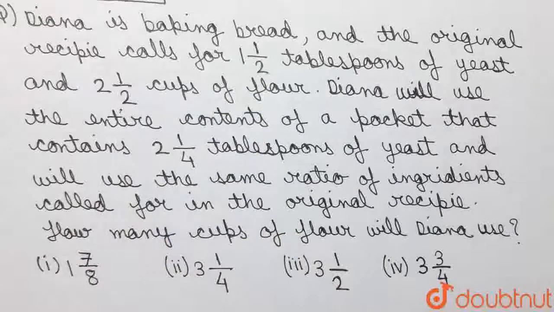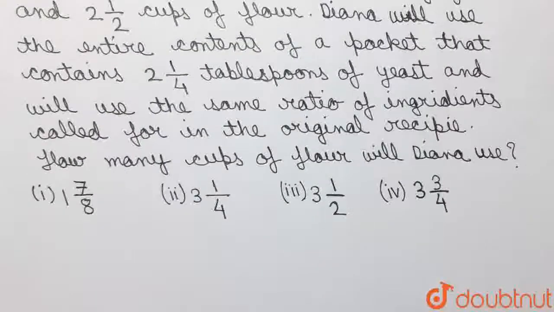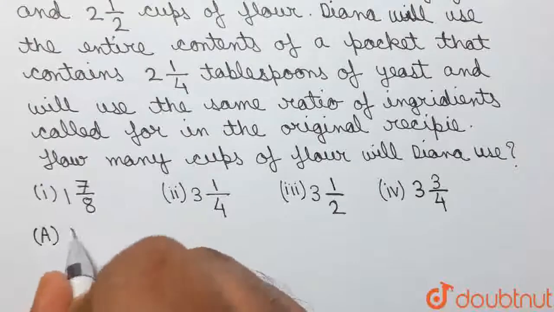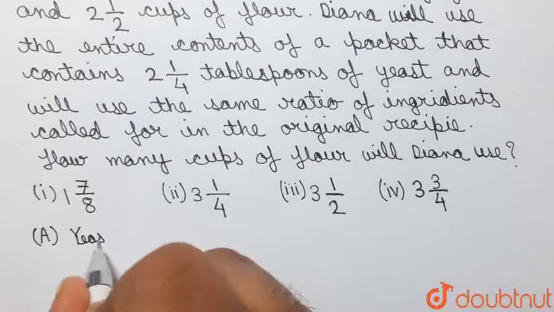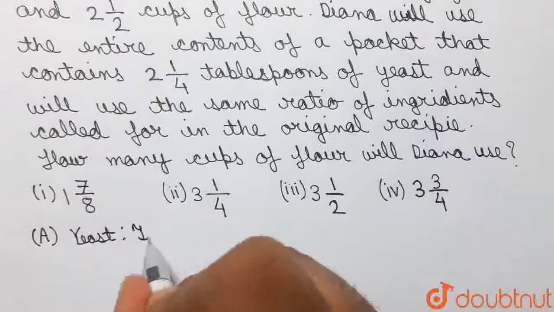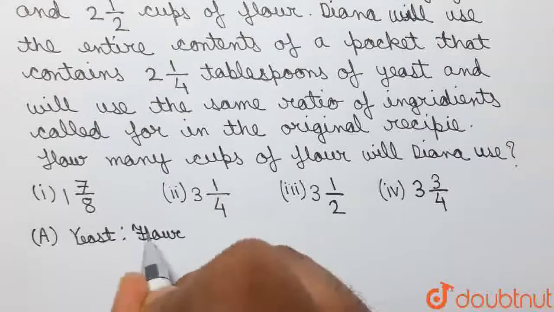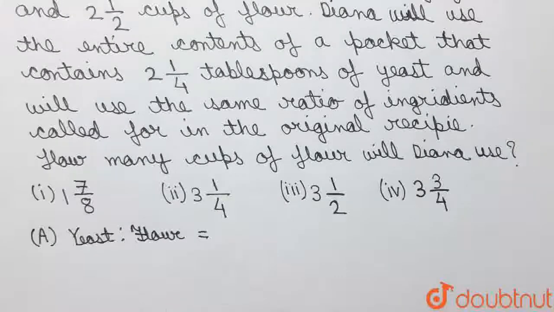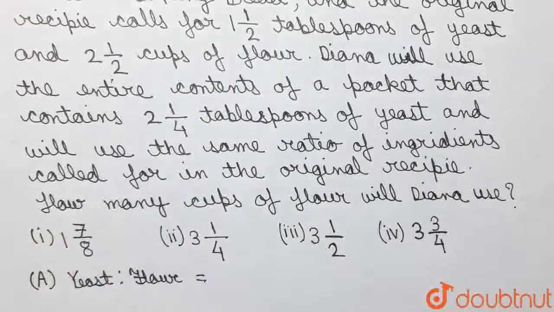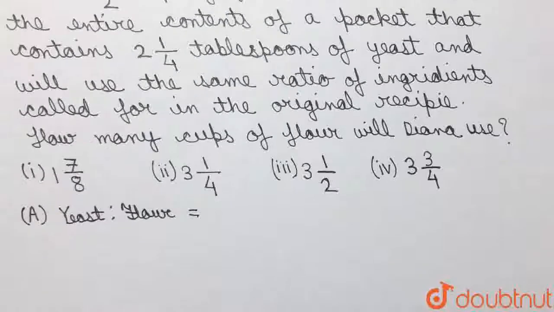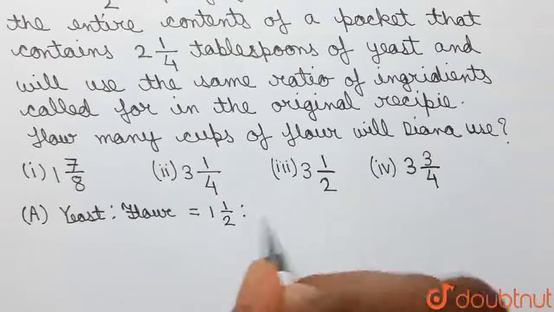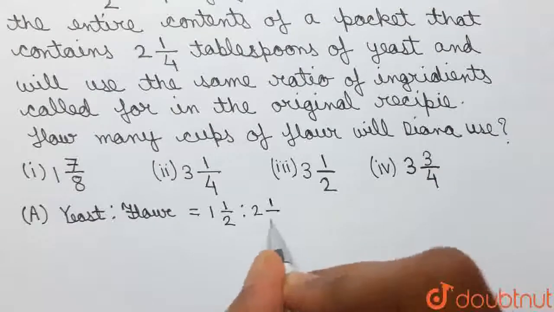Writing down this information, the ratio of yeast is to flour can be written equal to 1 whole 1 by 2 is to 2 whole 1 by 2.